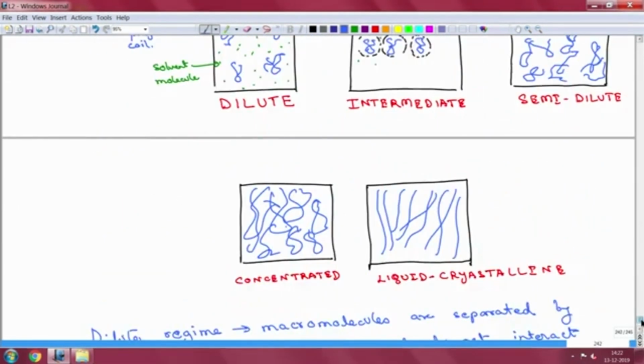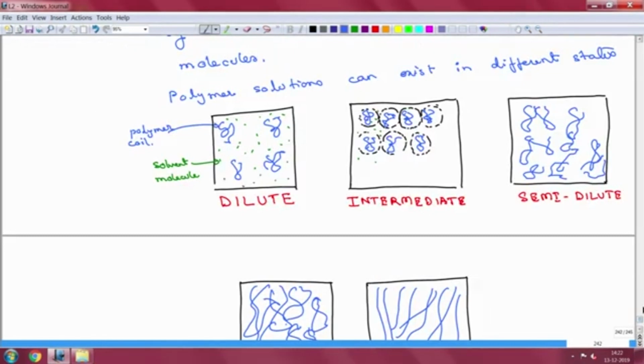Now, I am just going to quickly go back to the 5 states that we discussed. In the intermediate regime, you have a situation where the polymer coils are in such a state that each of them is occupying a certain effective volume, but the effective volume of each is such that the volumes are basically touching each other. Let us say this is a monodisperse polymer, so each polymer molecule has exactly n segments.